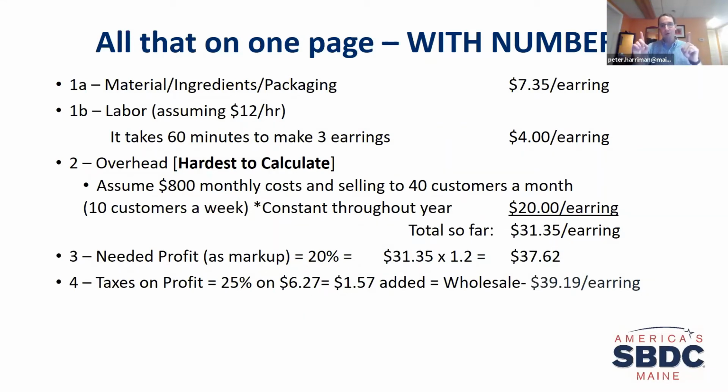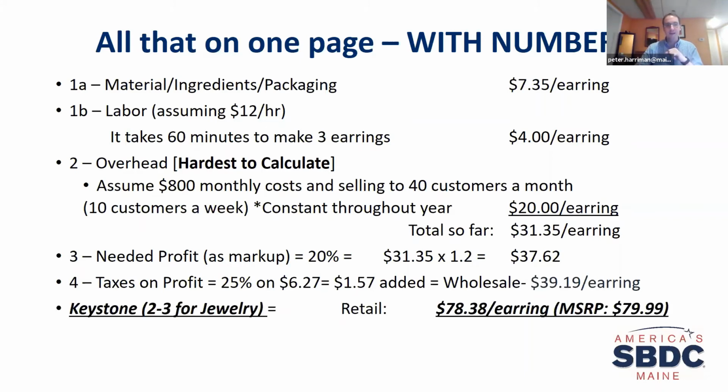But right now, the important information is we know that we don't want to go under $39.19 at this point, because if we go under $39.19, we're losing money, or we're not making as much profit as we wanted to, right? So that's why this is important. Doesn't mean that this is what your price is going to be.